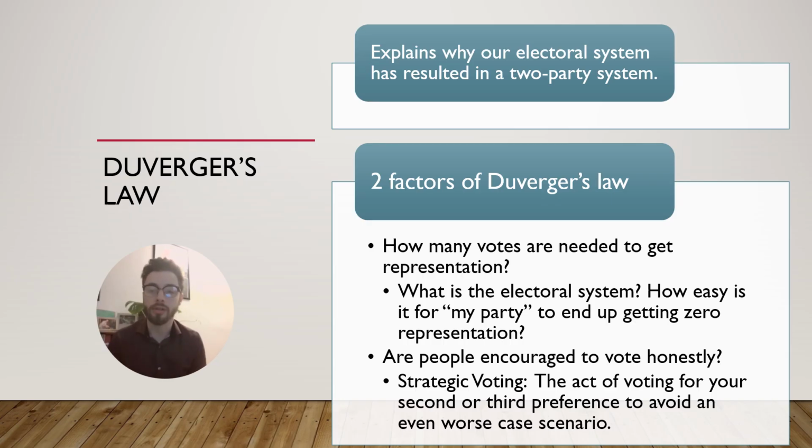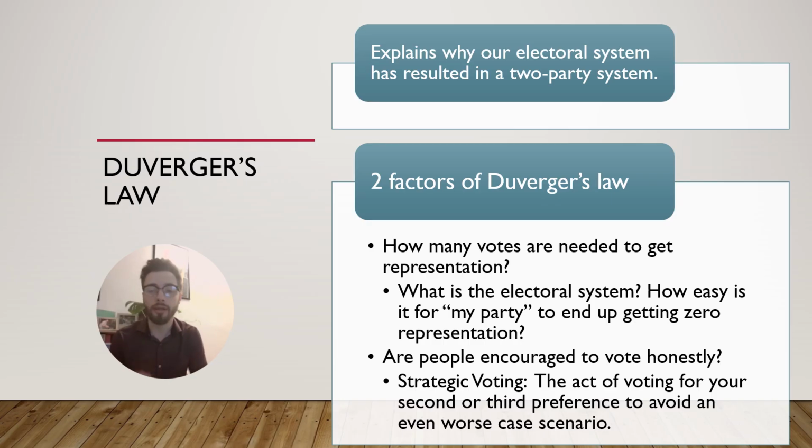The key here is understanding the difference. One system requires 5% to have some form of representation. The other could require as high as 50% to have some form of representation. Well, if you need 50% of the general public to vote in the way you do, you might be encouraged to vote strategically, to think which of these possible candidates is closest to my views and most likely to win the election.